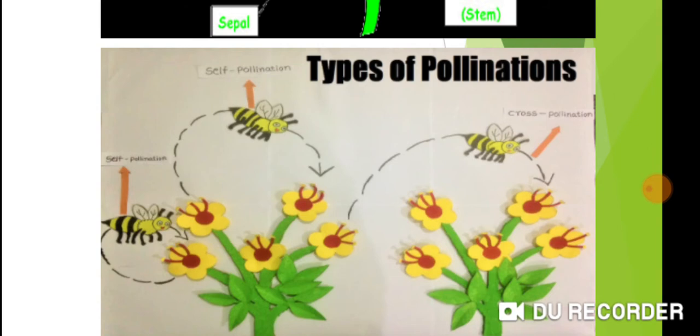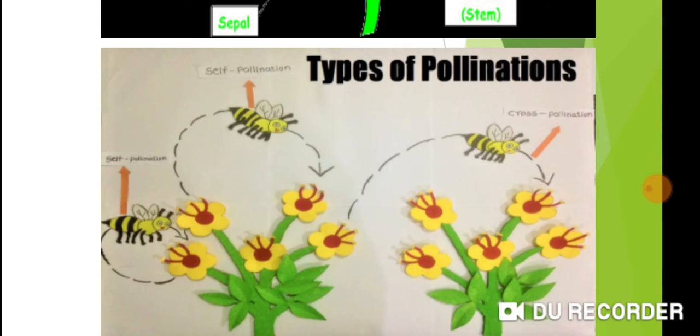Whereas in the second picture on the right side, you can see the honeybee moving from plant A to plant B and transferring pollen grains from the flower of plant A to the flower of plant B, which is known as cross-pollination.